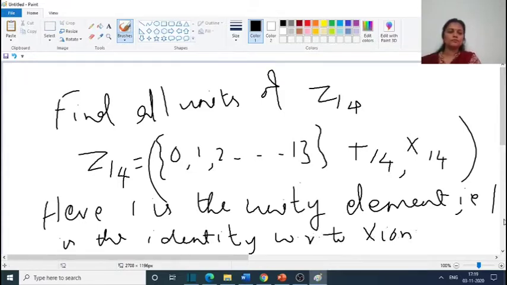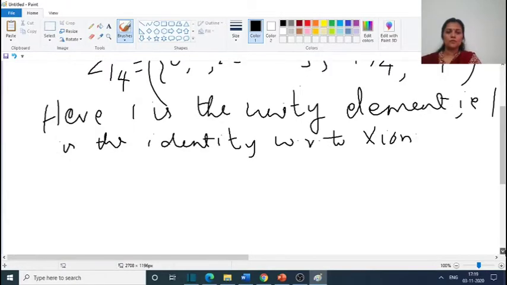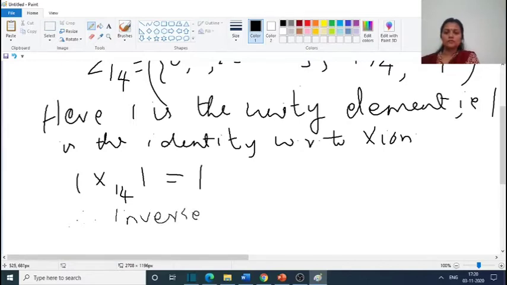Now 1 multiplied modulo 14 with 1 is equal to 1 itself. Therefore the inverse of 1 is 1 itself.